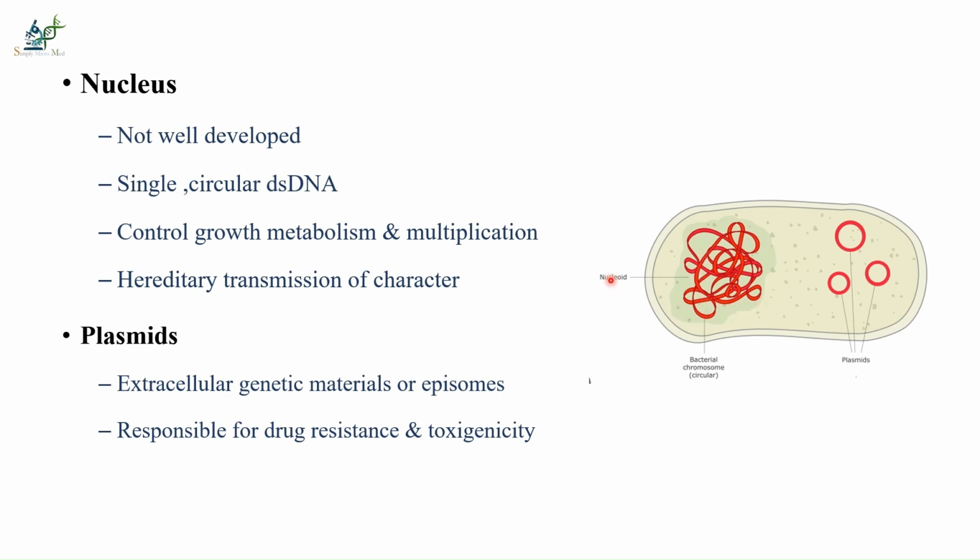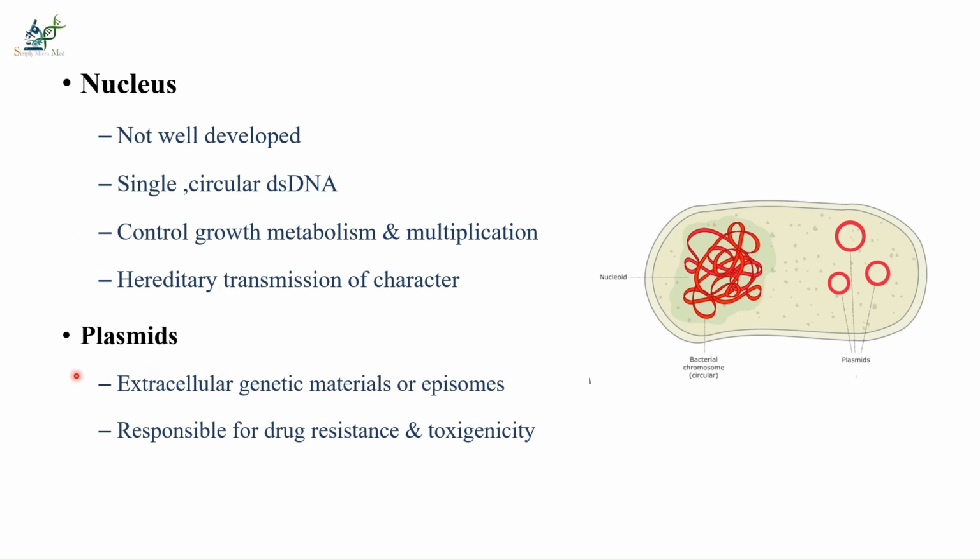This double-stranded DNA controls the growth, metabolism, and multiplication of bacteria, and it also carries the hereditary transmission of characters. This nucleus can be called genophore, nuclear body, nucleoid, and chromosome.